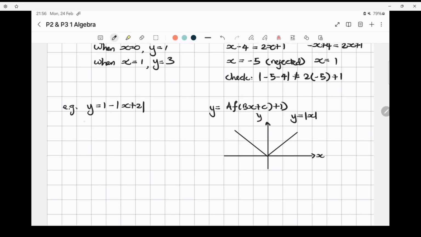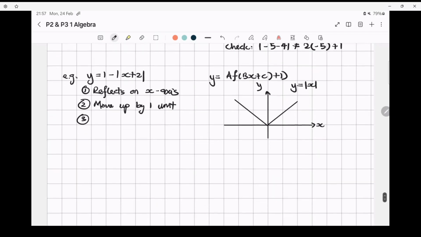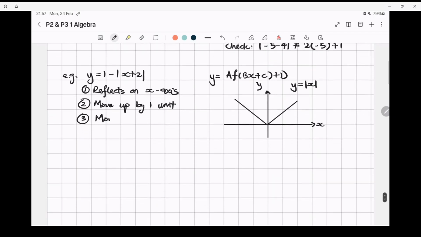So let's write down all the function transformation. So you need to reflect on your x-axis, and then you move up by 1 unit. The third action is to move to the left by 2 units. So the final graph will look like this.